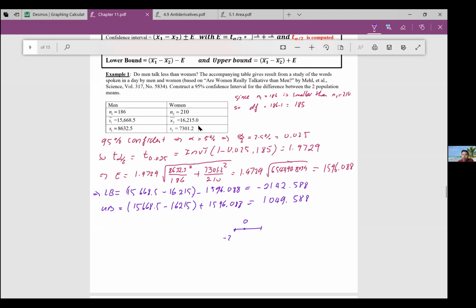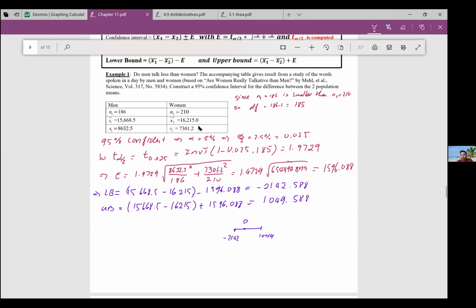So they can go from negative 2142 all the way to 1049, meaning that the man can talk less than the woman by as much as 2100 words, or more than the woman by as much as 1049 words. So basically, it's saying that the mean words for men can be 2,000 words less than women or 1,000 words more.